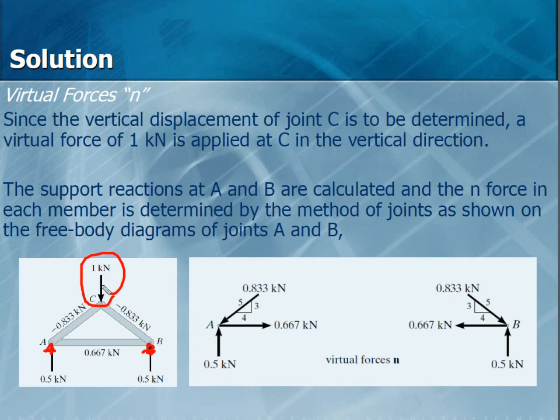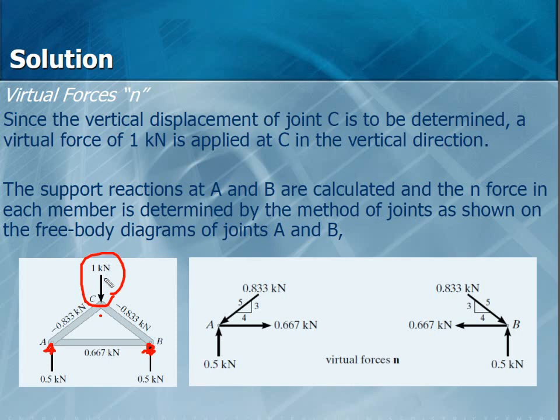Now the direction of this load is an assumption. We assume that this deflection will be downward. Joint C after deflection is going to be somewhere below. If you assume upward, you're still right, but the result is going to tell you whether the deflection is upward or downward.